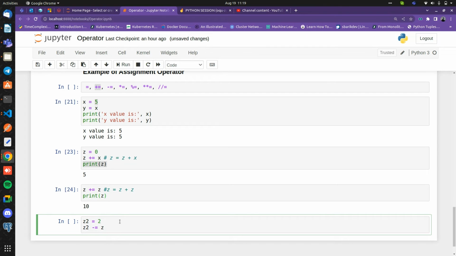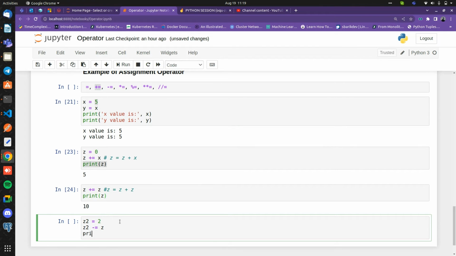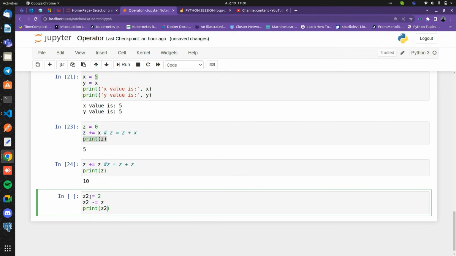Here let's print z2. The z2 value is 2, but the operation is z2 equal to z2 minus z.